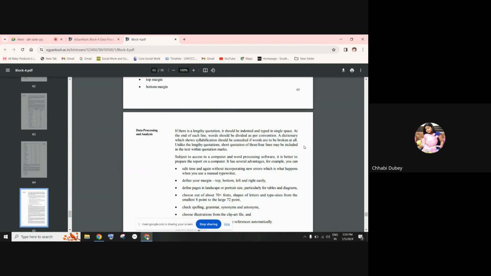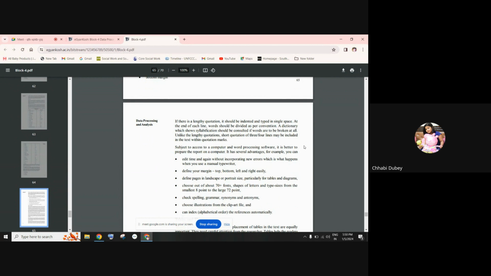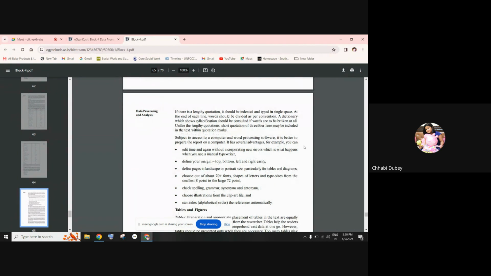Special care has to be taken nowadays specifically for those people who are submitting their research work in the form of theses or dissertations, because nowadays there is a lot of stress on some kind of similarity check being done before the thesis or dissertation is approved.